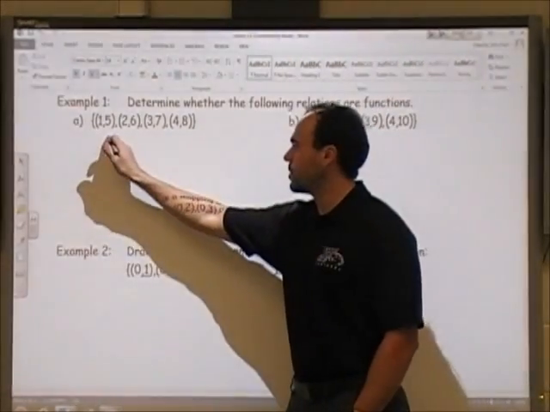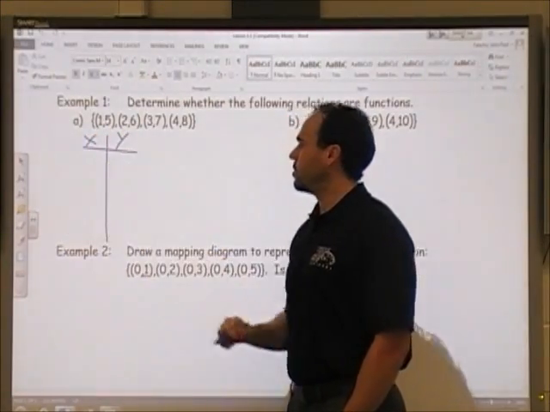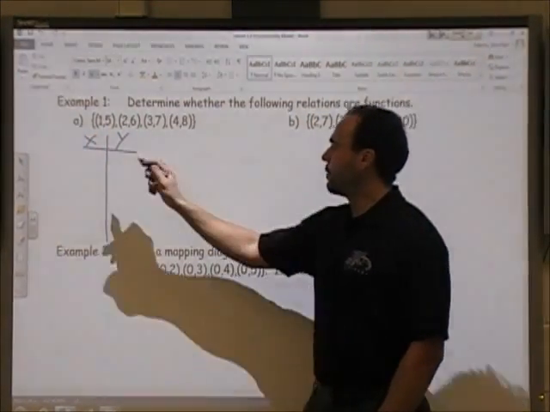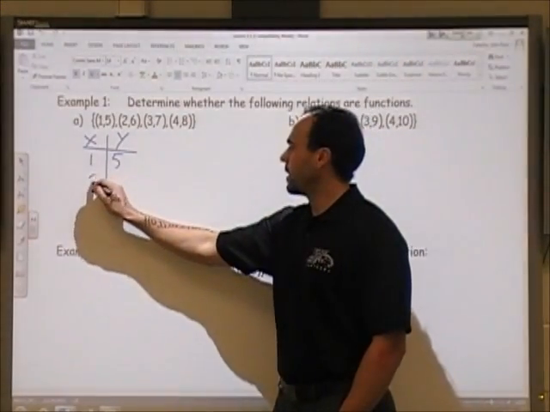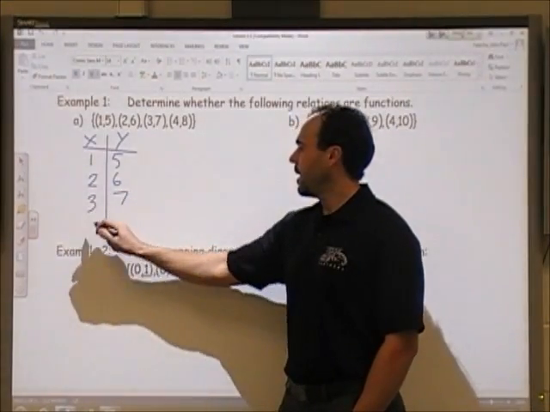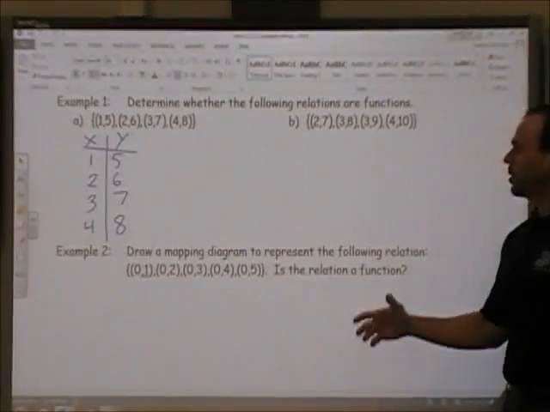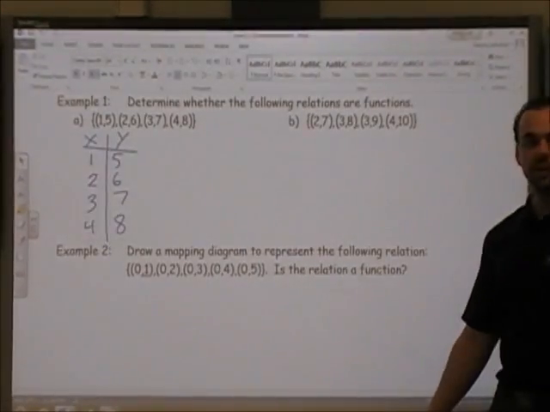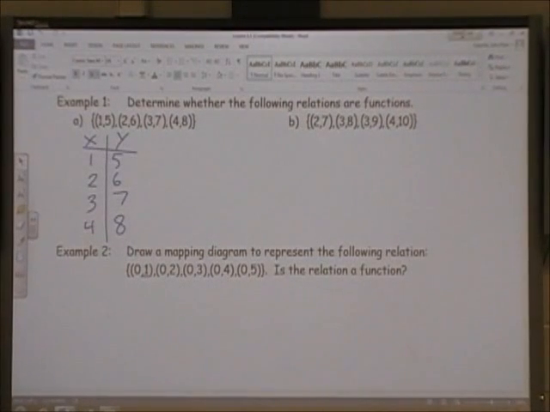Now these 4 points could be written in a table of values if you wish, x, y. The first point is 1, 5, the next point is 2, 6, the next point is 3, 7, and the last point is 4, 8. We are to determine whether or not this is a function. A function means that for every x value, there should only be one y value.